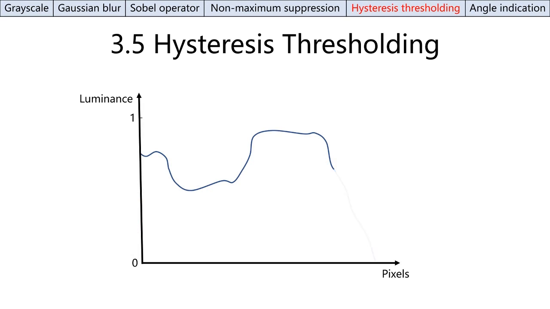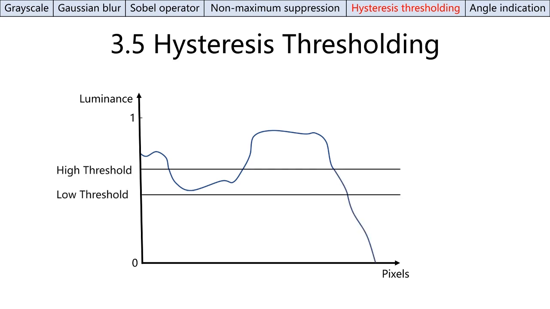We want to find a way to tell the computer which parts may contain valid information and which parts are just noise, so it can optimize the image for us. Our purpose can be fulfilled in two steps. In the first place, we set two thresholds, a high threshold and a low threshold.